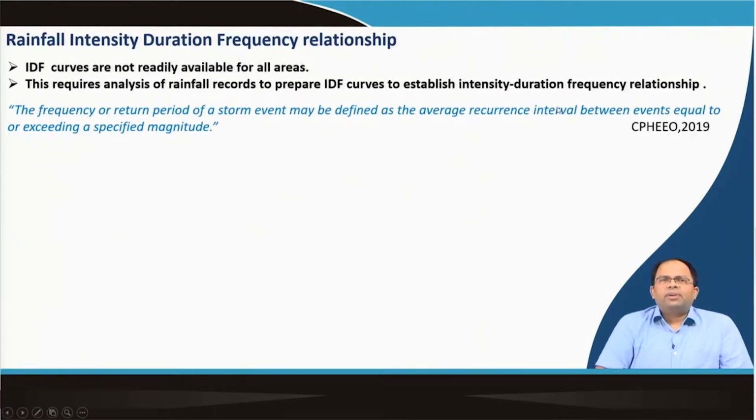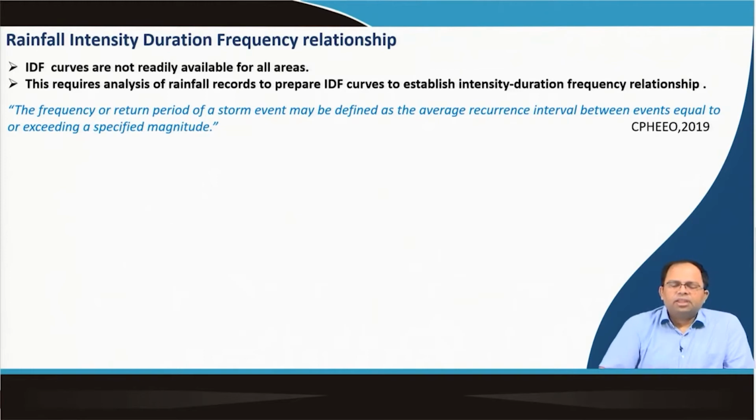So, IDF curves are very, very important, as you have understood. IDF curves are not readily available for all areas. As you understand, an IDF curve helps us understand the maximum rainfall that is possible for a certain duration and a certain return period. That is used for designing pipelines, because whenever we design pipelines for stormwater drainage, we have to design for extreme cases, right.